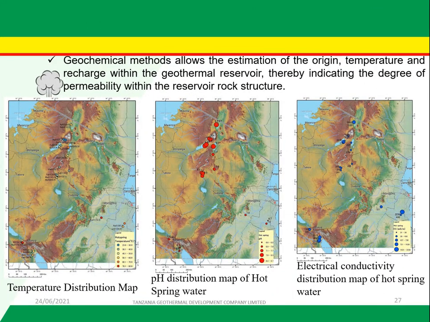Geochemical methods allow the estimation of the origin, temperature, and recharge within the geothermal reservoir, thereby indicating the degree of permeability within the reservoir rock structure. As you can see, this map shows the distribution of temperature of the hot springs, this map shows the distribution of pH of the hot spring water, and this map shows the distribution of the electrical conductivity for the hot spring water.